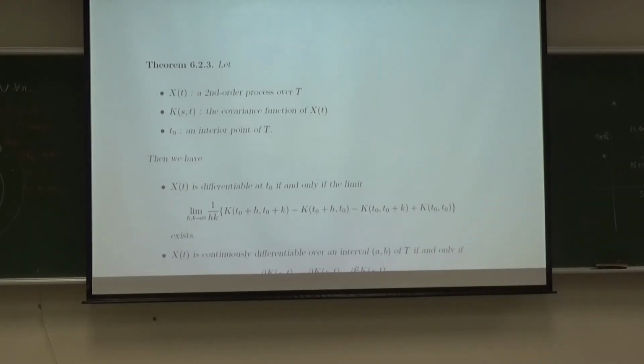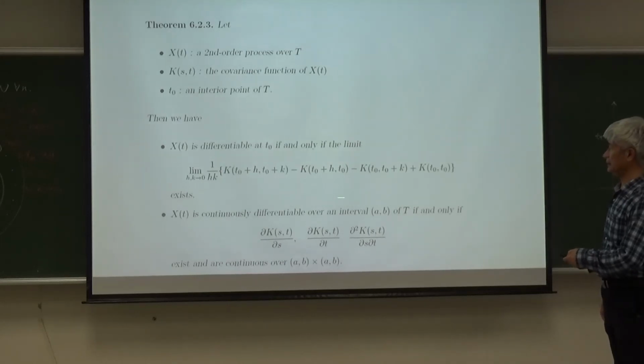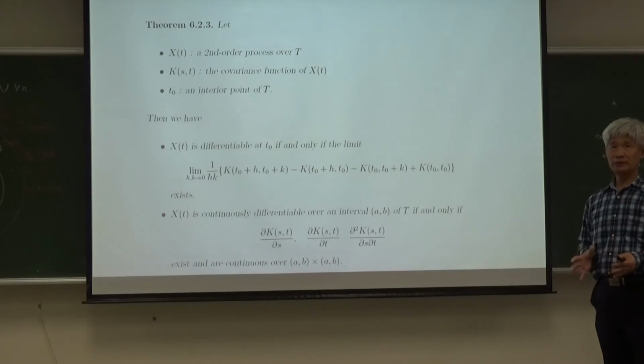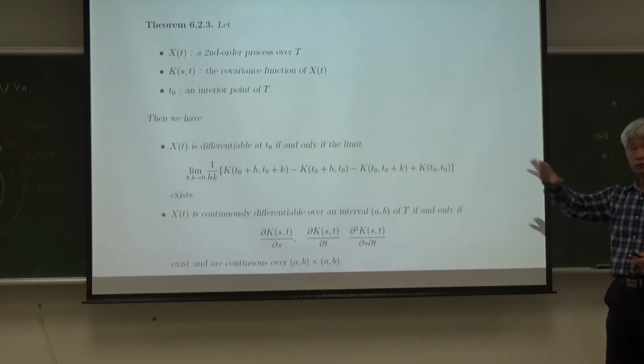And x of t is continuously differentiable over an interval. Right? So continuous differentiable means that its derivative is also a curve, right? It's a second order process again.